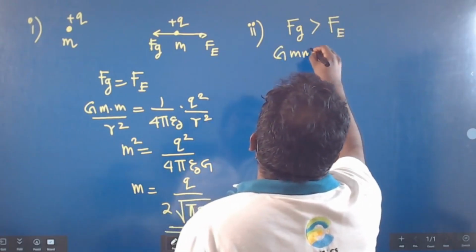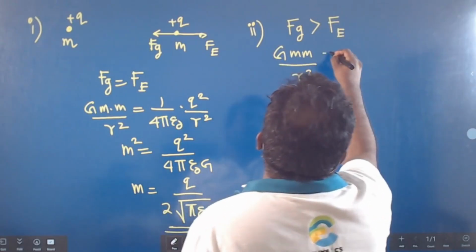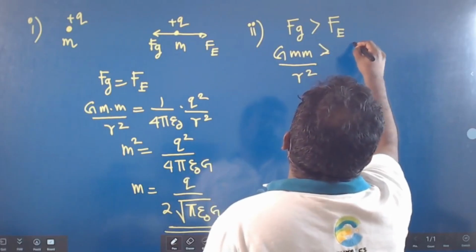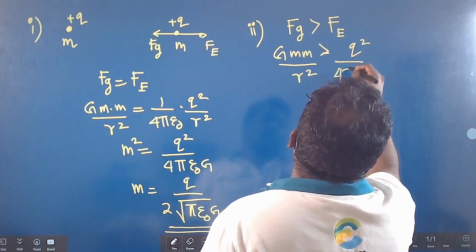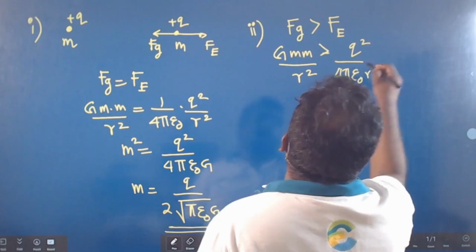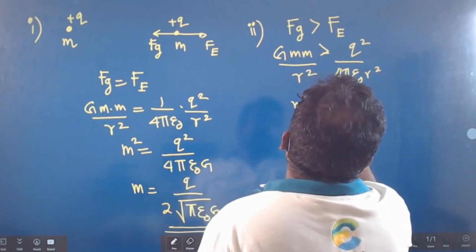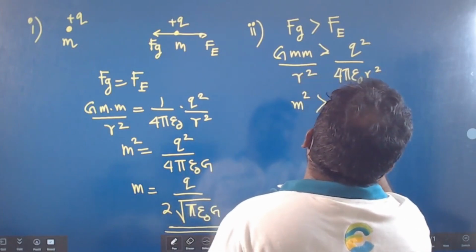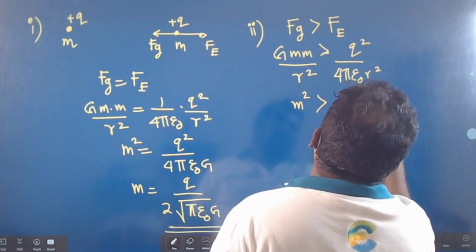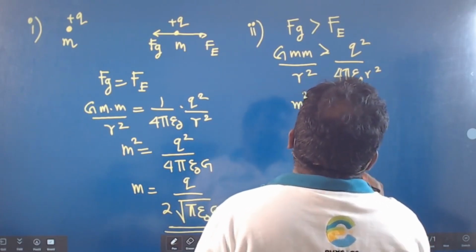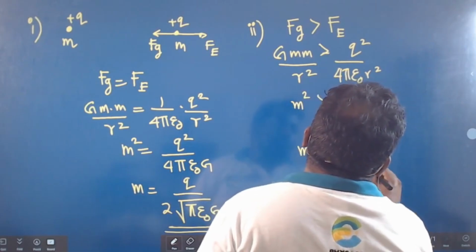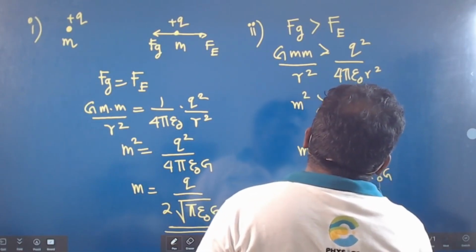Capital G M squared over R squared is greater than q squared over 4 pi epsilon naught R squared. M squared is greater than q squared over 4 pi epsilon naught G. M is larger than q over 2 square root of pi epsilon naught G.